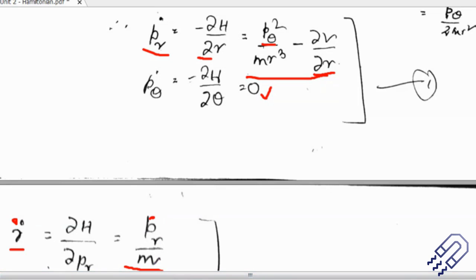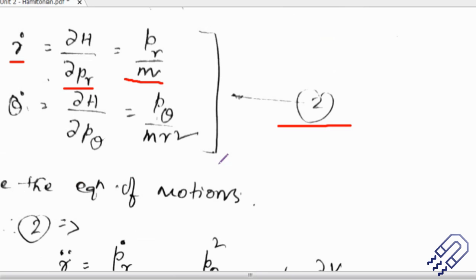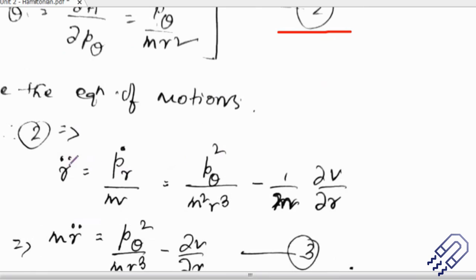So this is something which we want to do. Then we simply write down r double dot is equal to p r dot divided by m.